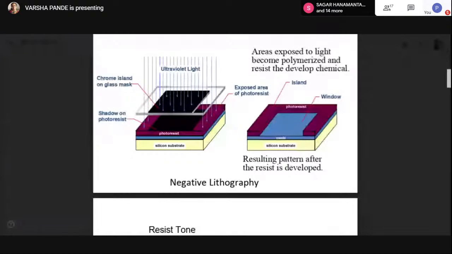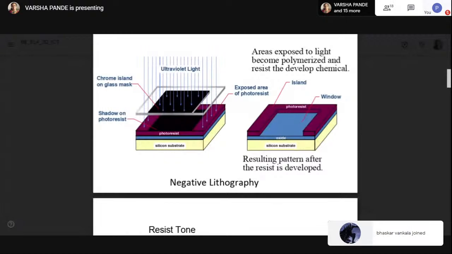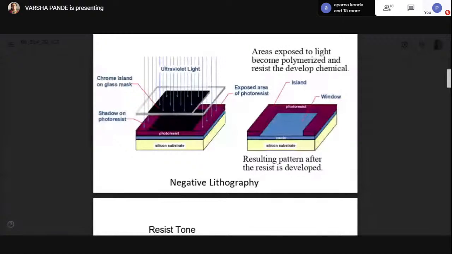The portion which is exposed to the ultraviolet light will become hard or thick, because already it is in the liquid form. The area which is not exposed to the ultraviolet light will remain as it is, in the liquid form only.